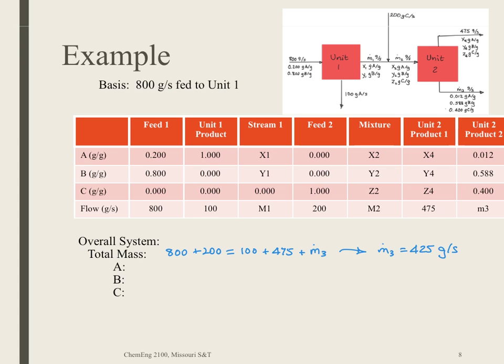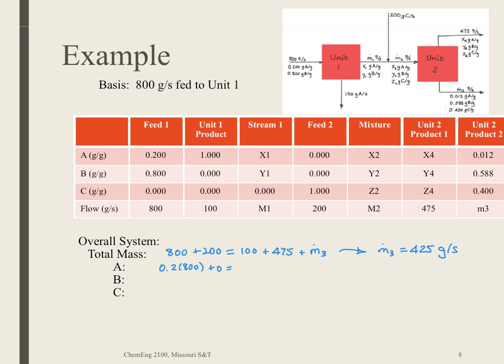Grams per second. Okay. So what if we look at some of these other balances? Well, 0.2 times 800 is how much A came in. In stream 2, 0 A came in.